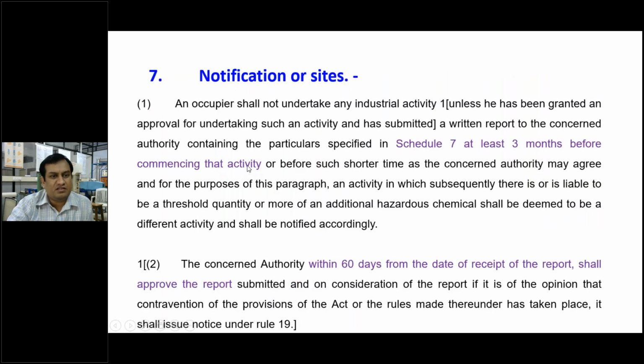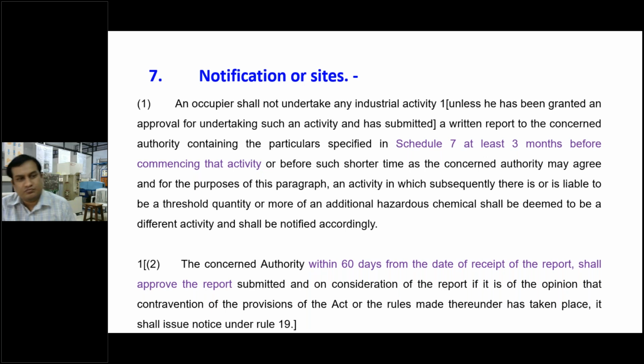Then rule number 7, that is notification of site. An occupier shall not undertake any industrial activity unless he submits a written report to the concerned authority containing the particulars specified in Schedule 7 at least 3 months before commencing the activity.